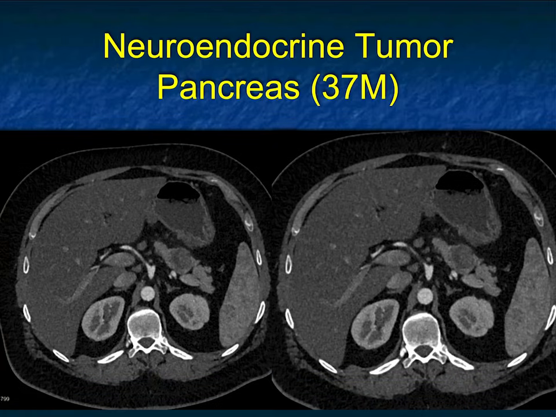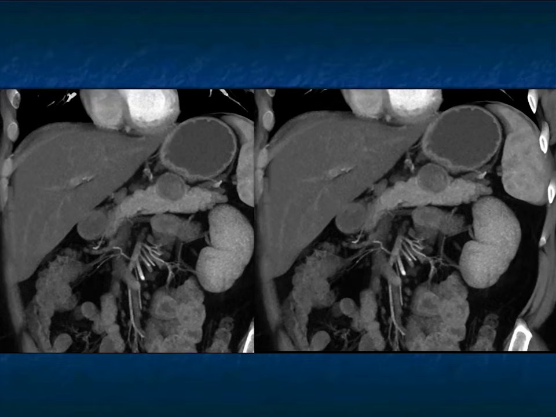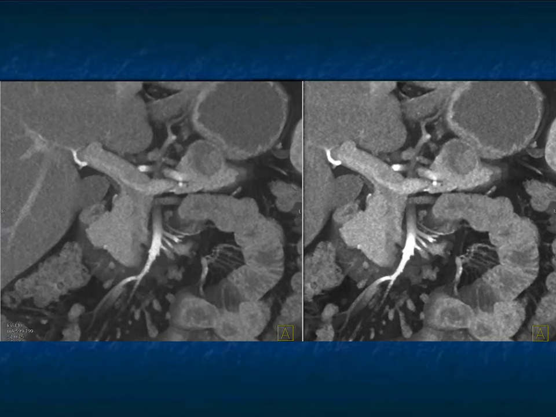Another lesion, body-tail junction. There's a cystic lesion. If you look at this, you could start thinking about an MCN. You can think about a serous adenoma. It's well defined. There's no dilated pancreatic duct. But when you do the reconstructions, you can see that it's not connected to the duct. MCN is something you would think about, but here it has a little bit more of an enhancing rim.